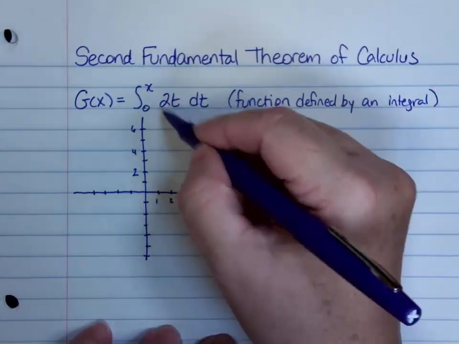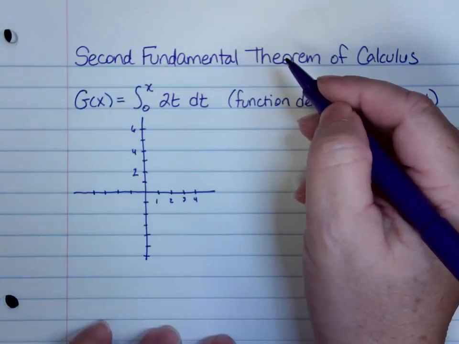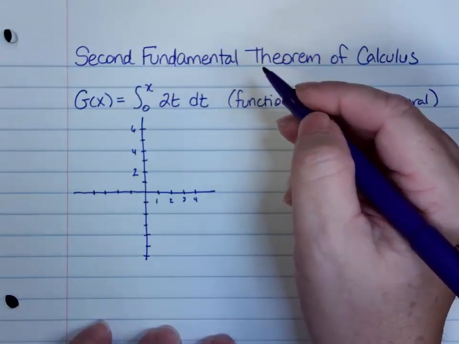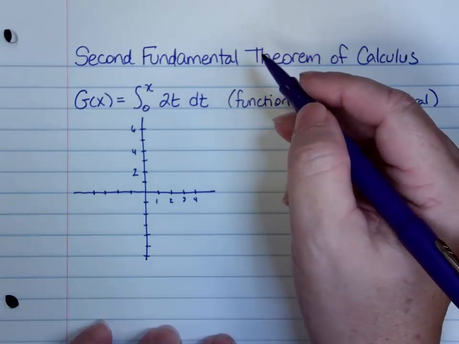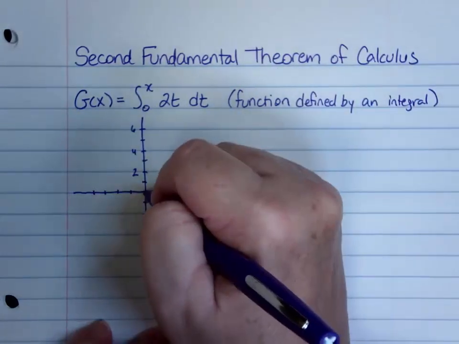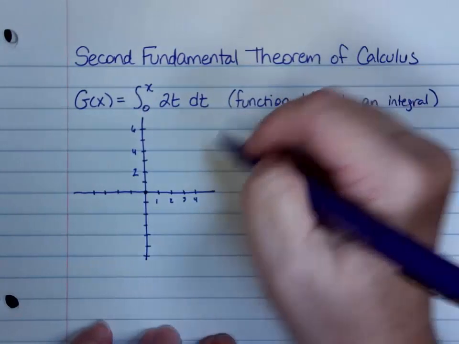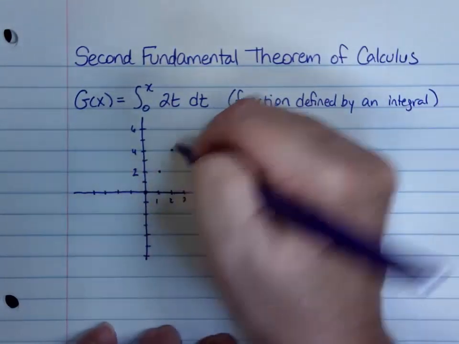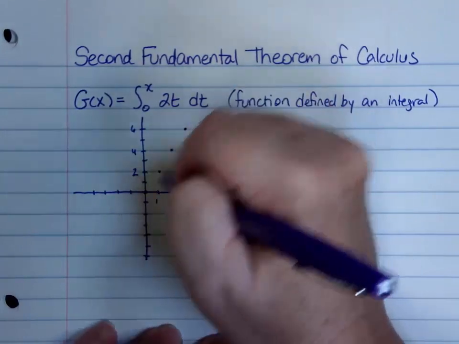What kind of graph is 2t? A line. What's its y-intercept? 0. Its y-intercept is 0, and its slope is 2. So put a dot at 0, 0, and then go up 2 and over 1, making your line definitely go through those points.